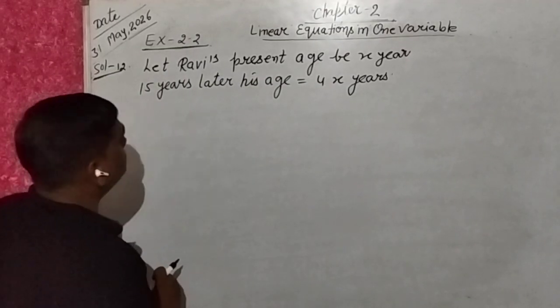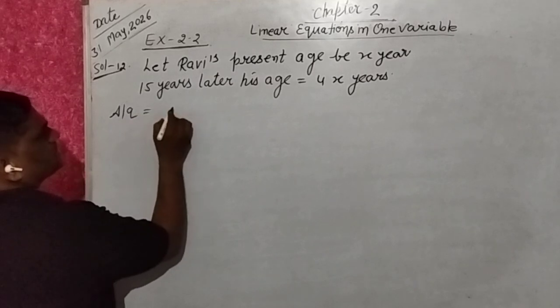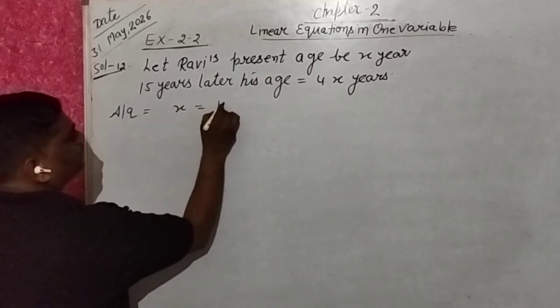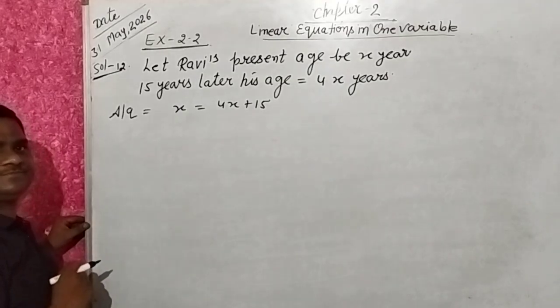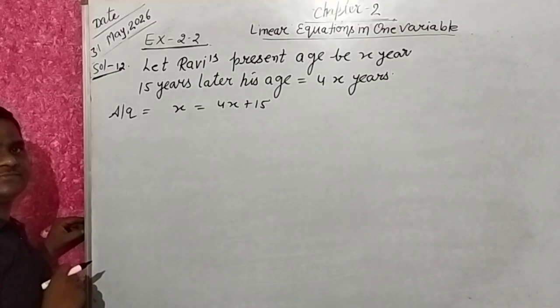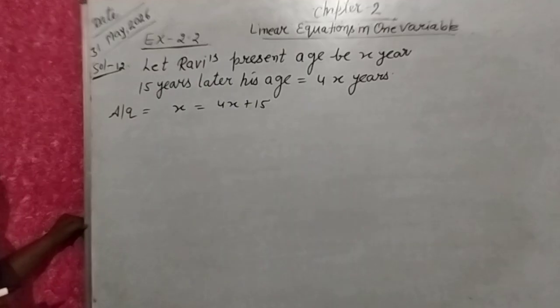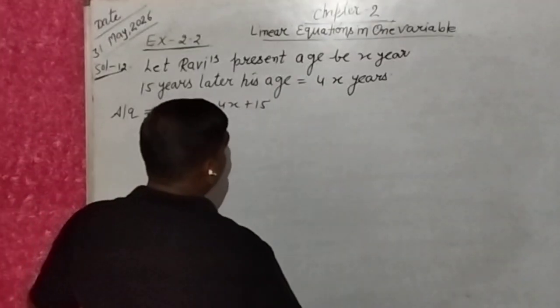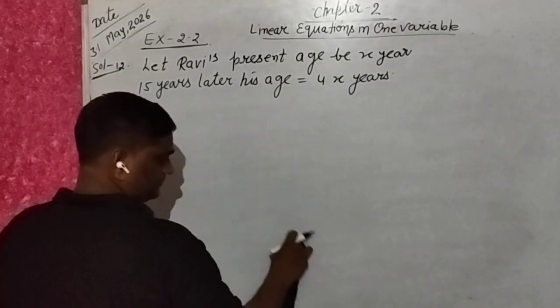What is the age? According to the question, x plus 15 is equal to 4x. Do you understand?